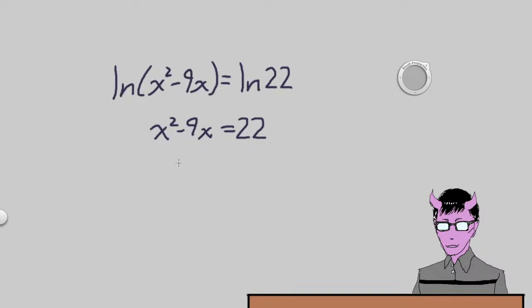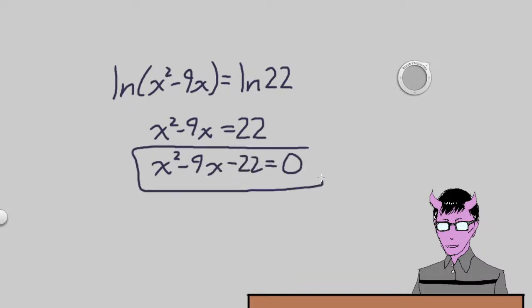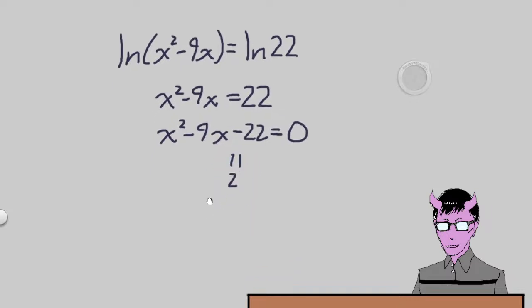So let us subtract 22 from both sides, thereby getting x squared minus 9x minus 22 is equal to 0. So classic quadratic problem, factors of negative 22 that sum to be negative 9. Well, 11 and 2, right? Yes.